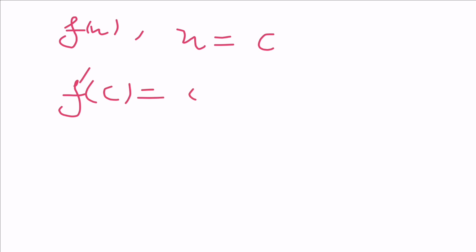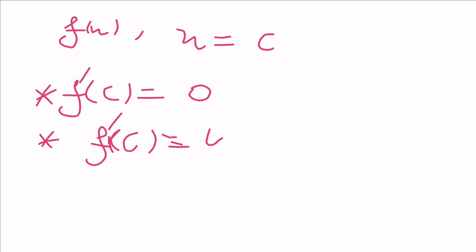Let's suppose we have a function f of x. Then a point x equal to c is said to be a critical point for the function f of x if f dash of c is equal to 0 or f dash at the point c is undefined.